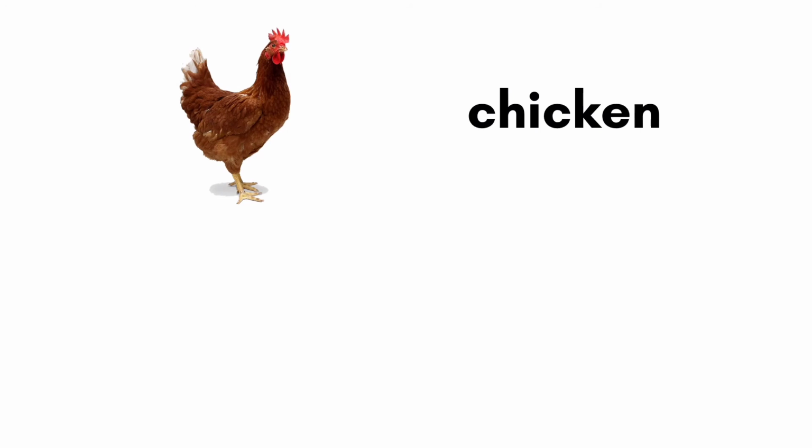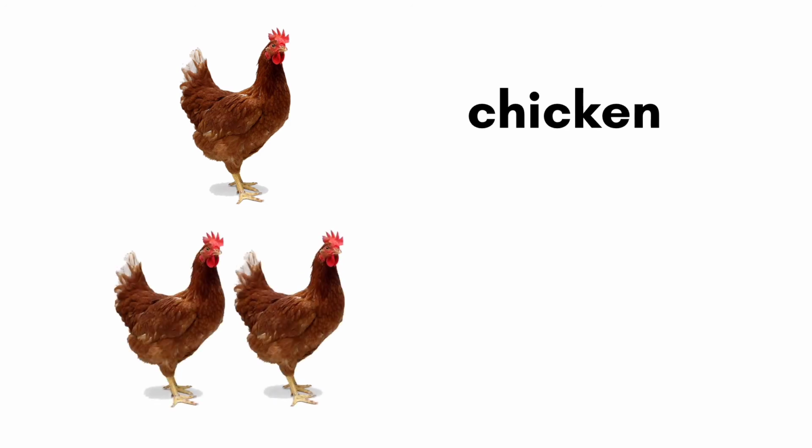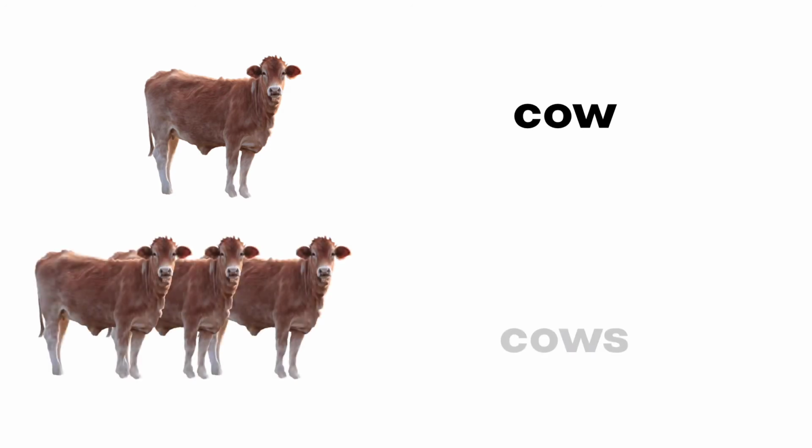What do we call it if we have more than one chicken? Chickens. Very good. Now, what do we call it if we have more than one cow? We call it cows. That's right.